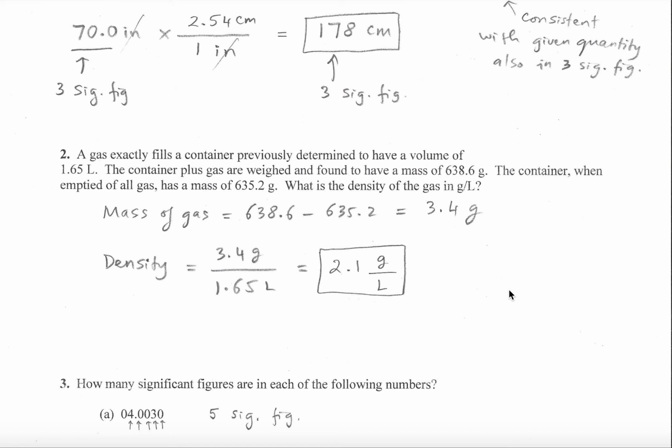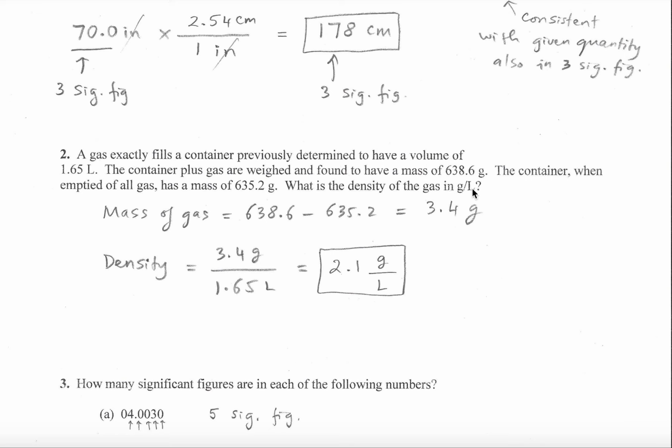Now, the container plus gas are weighed and found to have a mass of 638.6 grams. So we've got the mass of the container and the gas. Now the container itself, when empty, has a mass of 635.2. So notice that we've got the mass of the container with and without.